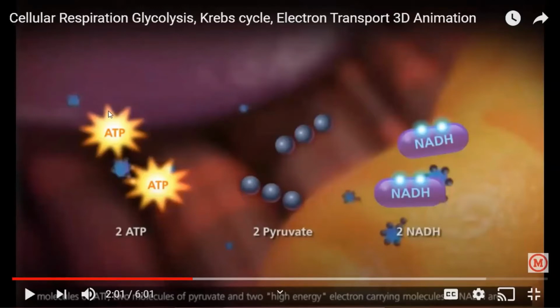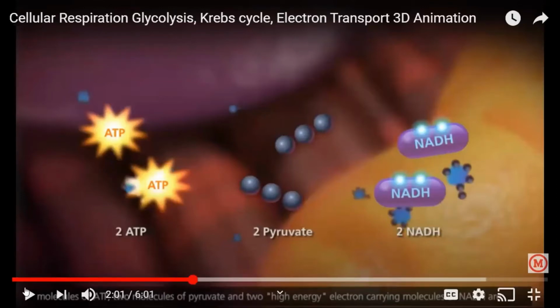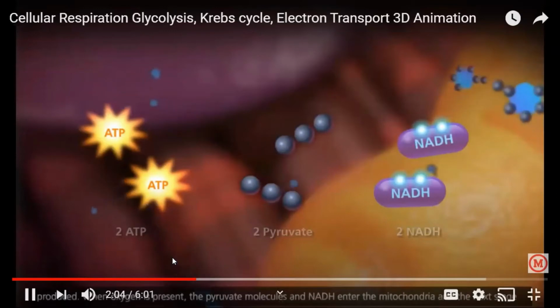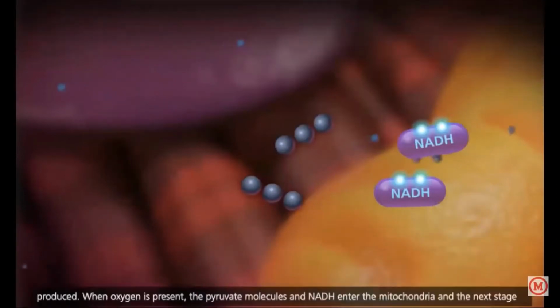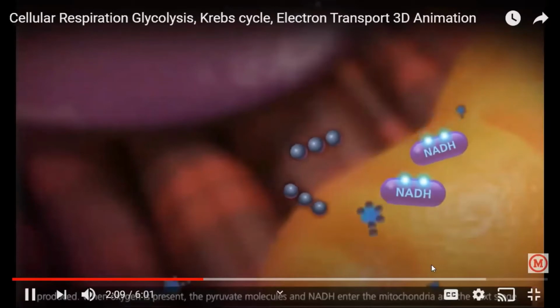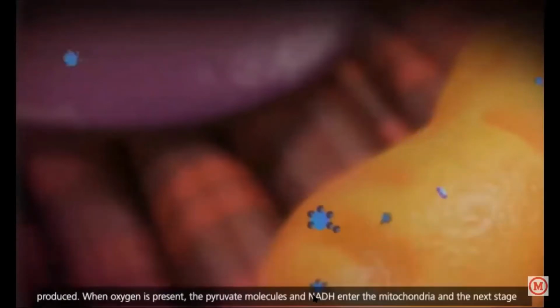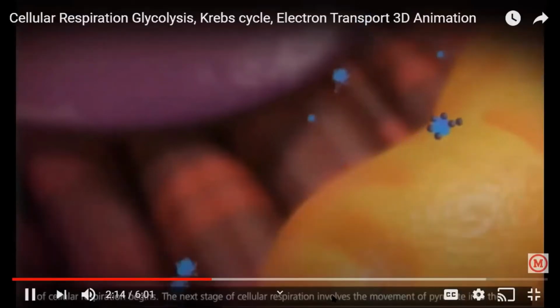Of course, if the cell is respiring aerobically, it will go to the mitochondria, specifically the Krebs cycle. ATP is just an energy storing molecule, and NADH transfers electrons. When oxygen is present, the pyruvate molecules and NADH enter the mitochondria, and the next stage of cellular respiration begins.